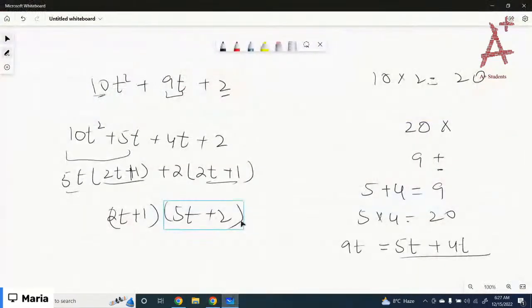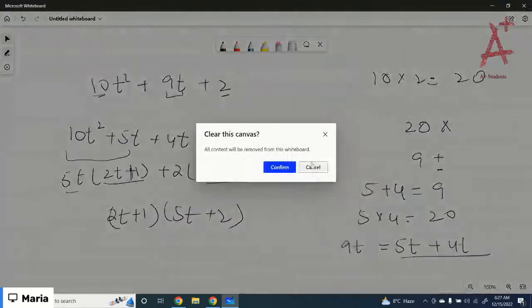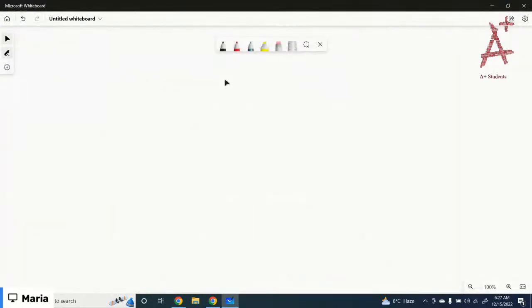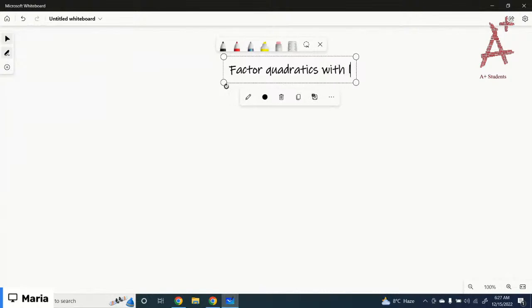The next topic is factor quadratics with leading coefficients.